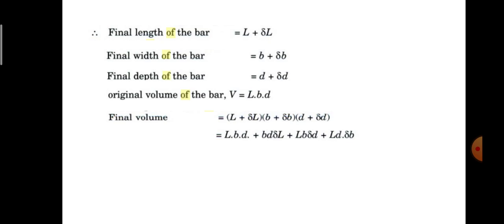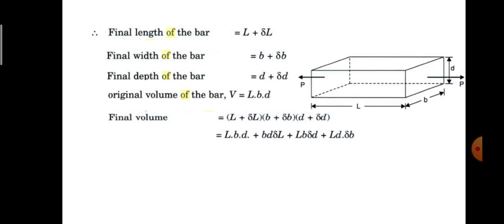So here, as and when the load is applied along the length, there will be changes in the dimensions, so that the final length is equal to L plus delta L, the final width is B plus delta B and the final depth is equal to D plus delta D. So these are the final length, width and depth of the bar.